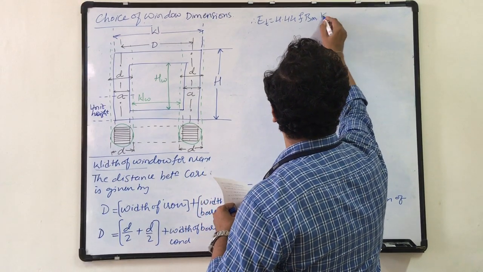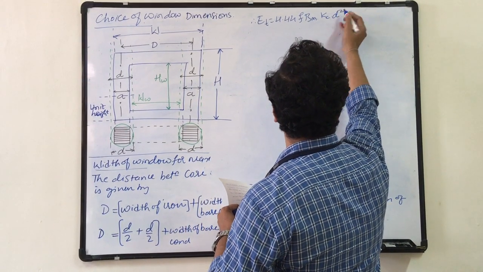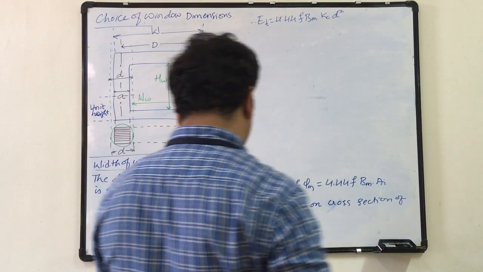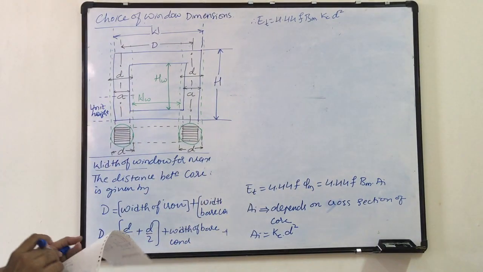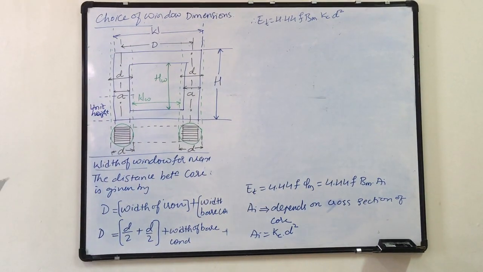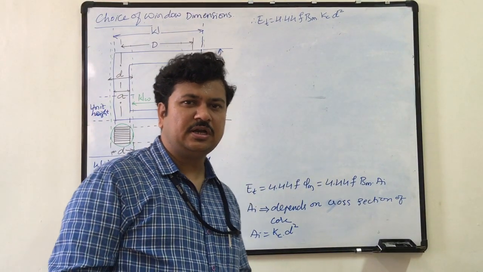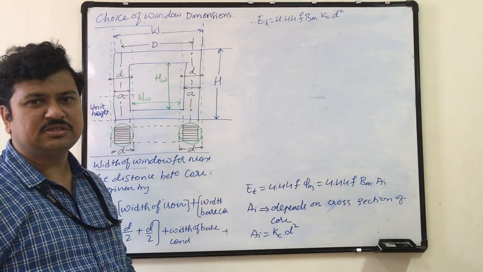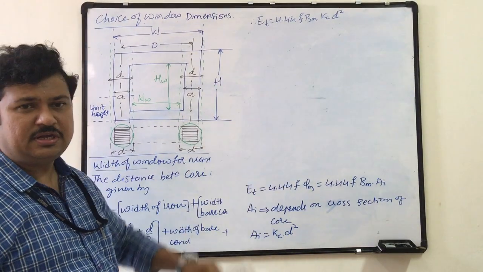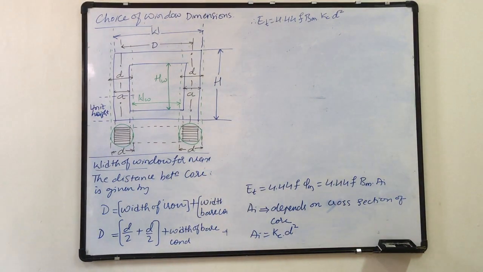In place of AI, I can write Kc into d square. Now, frequency is a constant. It depends upon the supply system. Flux density I will be choosing at the starting of the design. That will remain constant. My Kc depends upon the type of core section I use. It is also a constant.